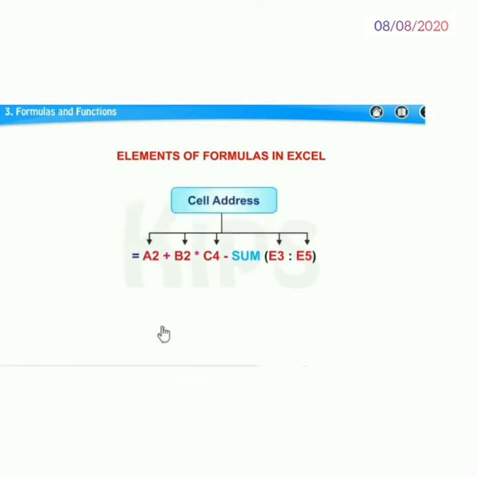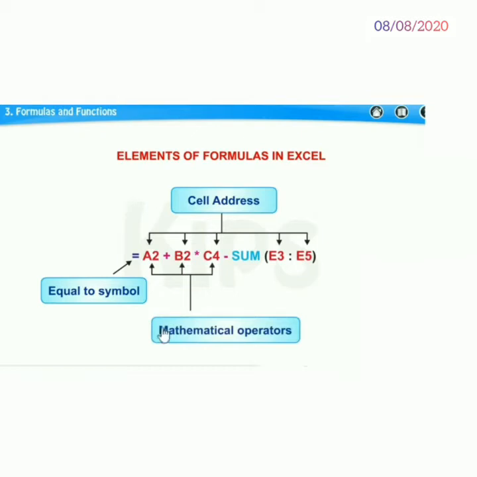Now let us understand the elements of formulas in Excel with the help of this equation. Here, as you can see, A2, B2, C4, E3 and E5 are the cell addresses. This is the equal to symbol, these are mathematical operators, and this is the function.